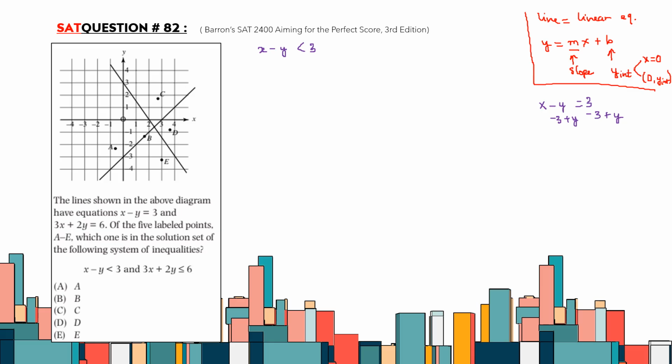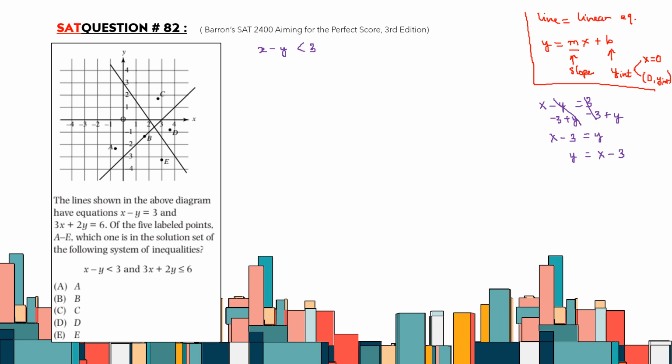Why do we do that? On this side we isolate x, but at the same time we isolate y on the other side. We move the 3 to the left and the y to the right, so that you have y equals x minus 3.